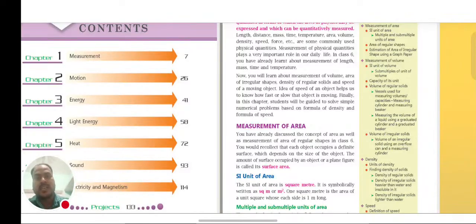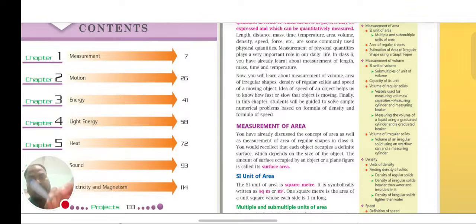What is area? Whatever amount of surface is occupied by an object, that is known as the area. Suppose a pen is kept on the table, so the pen has occupied some space, and that space is known as the area of the pen. But where it is kept, on the table, so that we call surface area, yes or not?